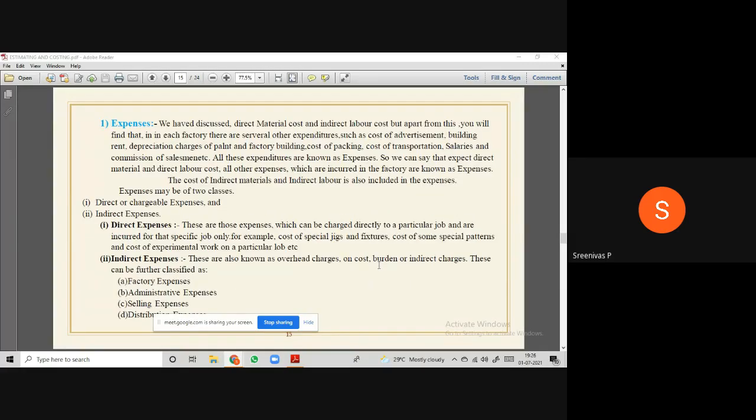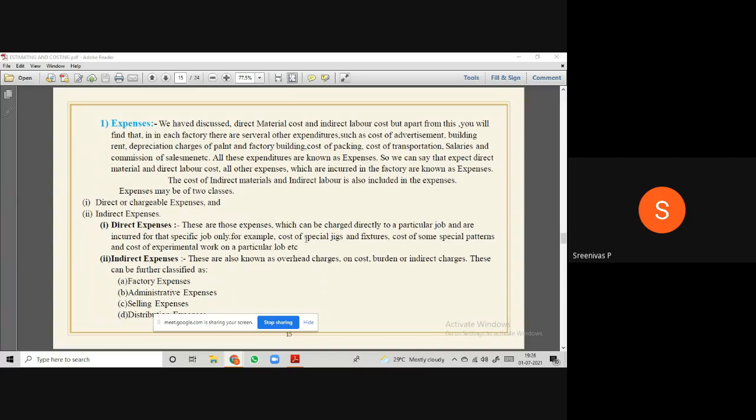Next, the third element is expenses: direct expenses and indirect expenses. In the previous topic itself, we have discussed the direct material cost as well as indirect labor cost. So straight away coming to direct expenses: these are those expenses which can be charged directly to a particular job and are incurred for that specific job only.